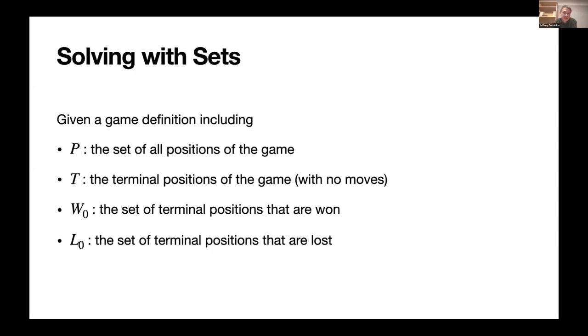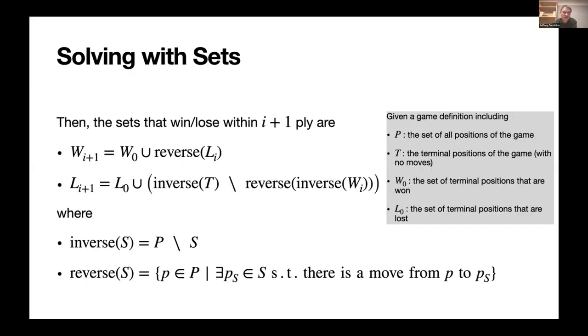That's just coming out of the game definition. And with some notion of how we can move, we can recursively define sets that win or lose within more ply. So after some number of moves, the game comes to an end, and one side or the other is forced into a win or a loss.